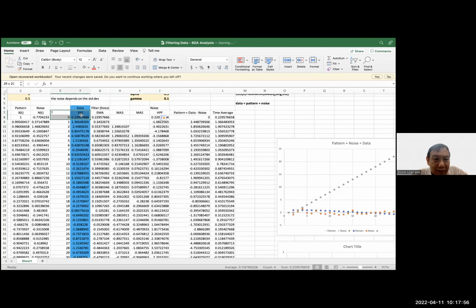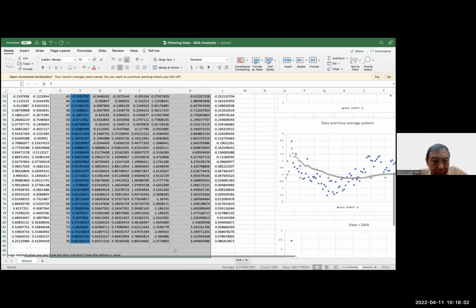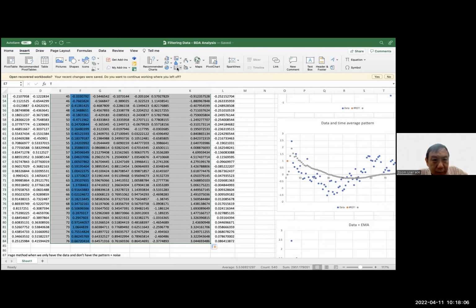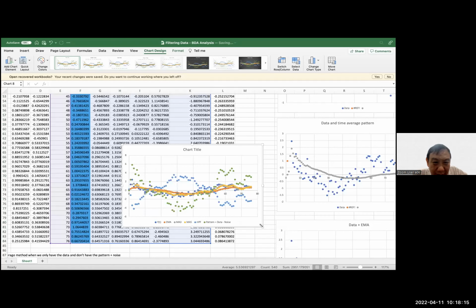The x-axis is always the time. Okay. Now you just need to delete some of that.